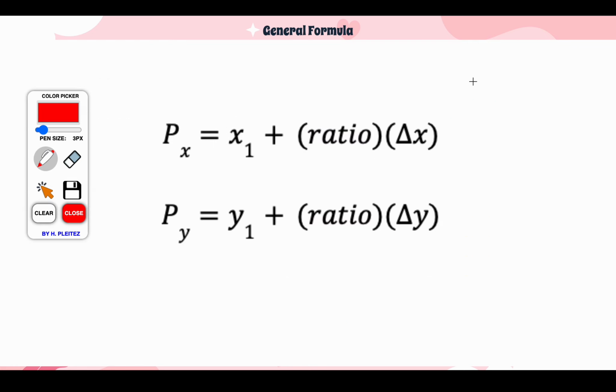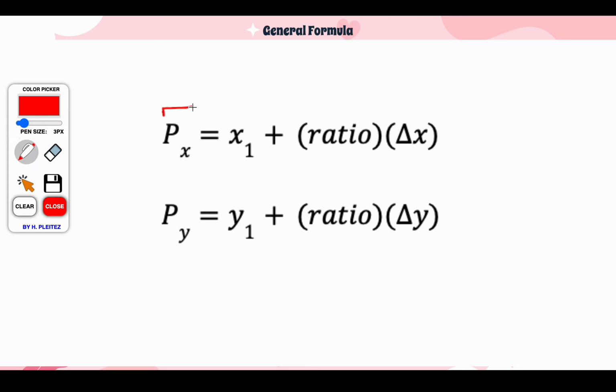generalize this. So these are some general formulas that we can use to help us find the x coordinates and y coordinates of our points. So you want to make sure you know what each variable stands for. So this here would be the x coordinate of point P. Obviously, this would be the y coordinate.